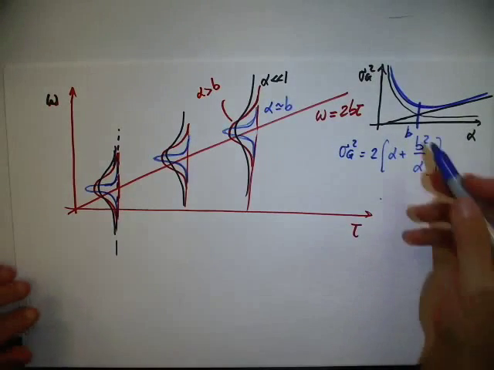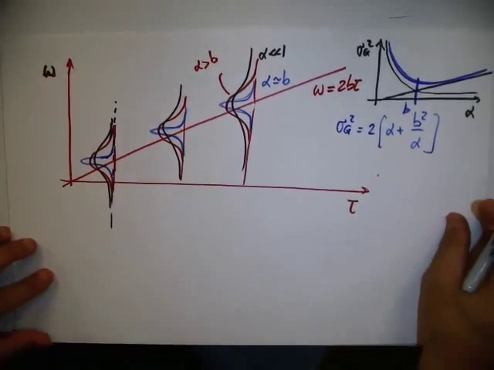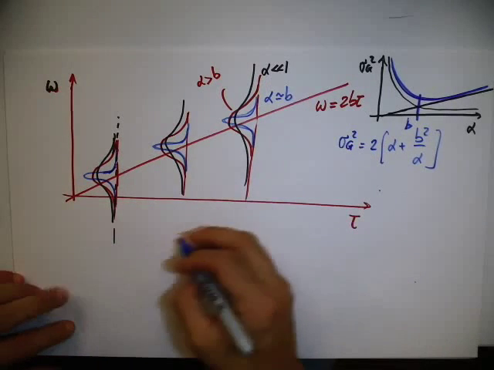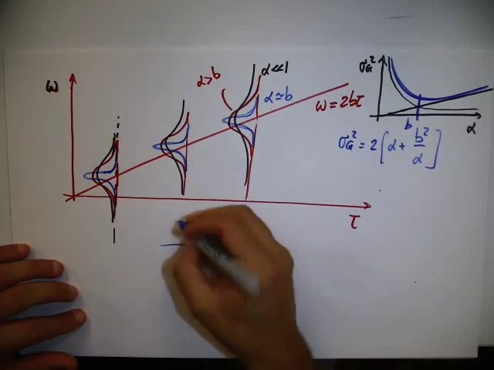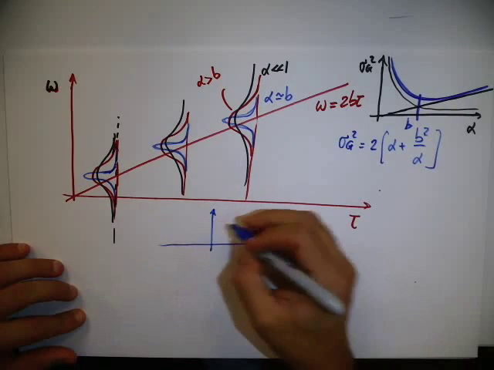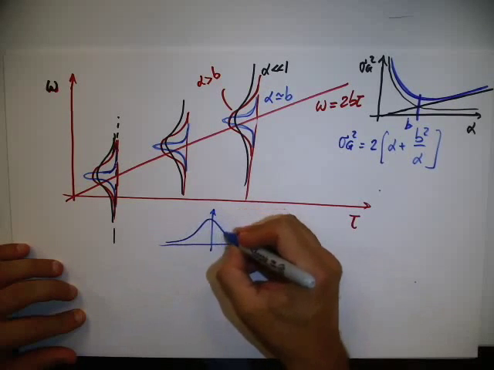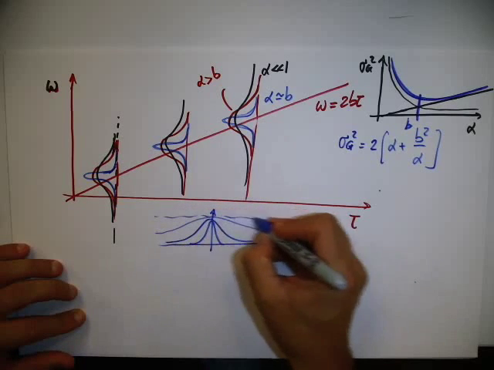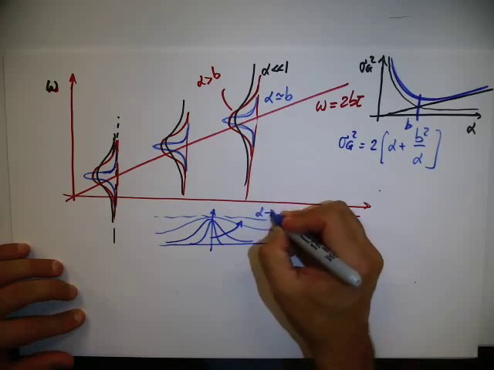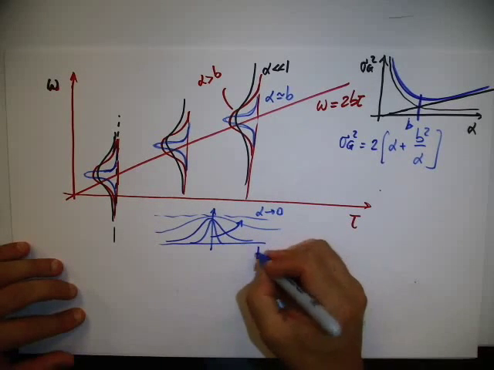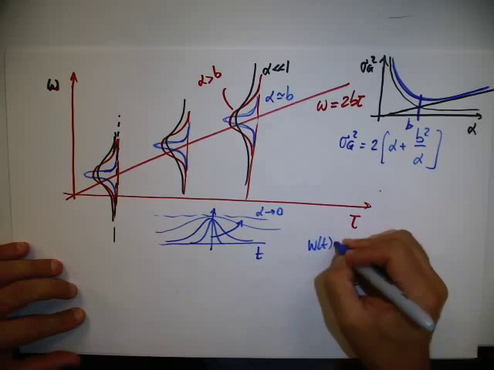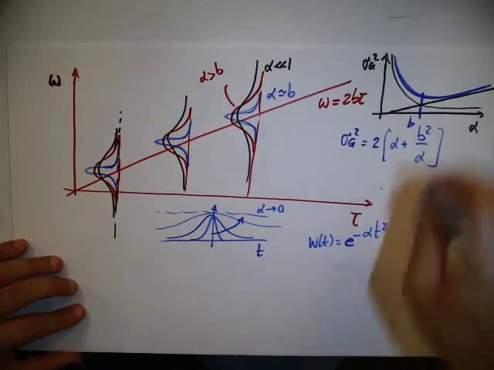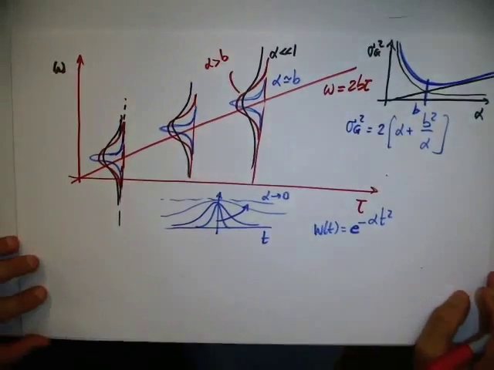Now it's very strange, right? Let's try to understand this behavior. When alpha tends to 0, the Gaussian window, let me remind you, is w(t) equal to e to the minus alpha t squared.